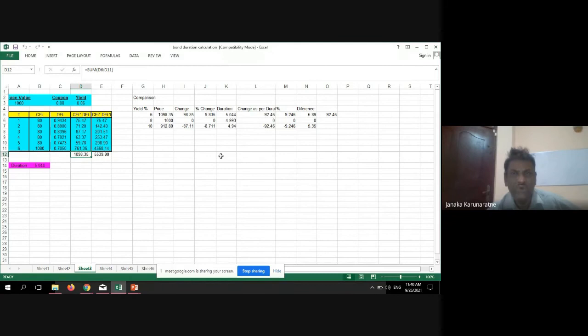Now, if you look at the duration formula, the change in price divided by price equals minus D times delta R over 1 plus R. If you compute that, it will come to 92.46, right? Because your original duration is this much.